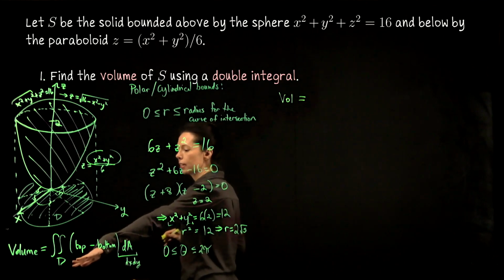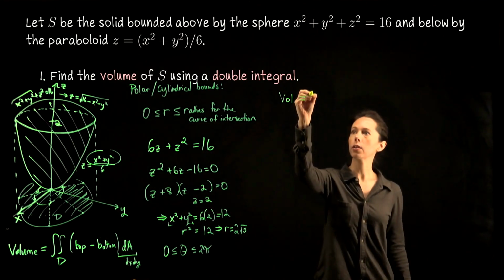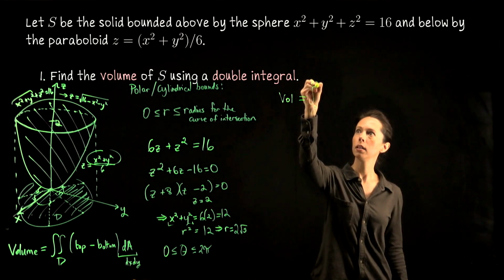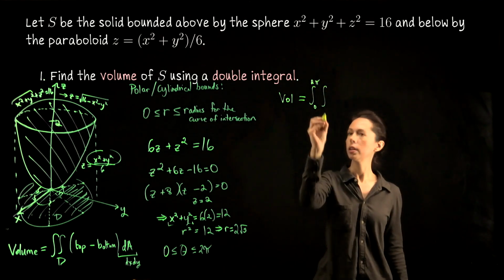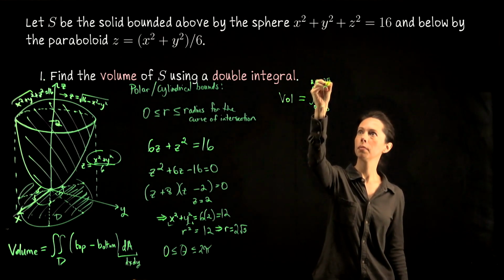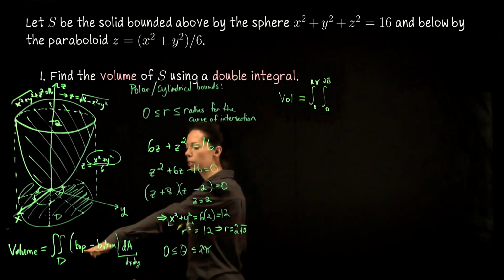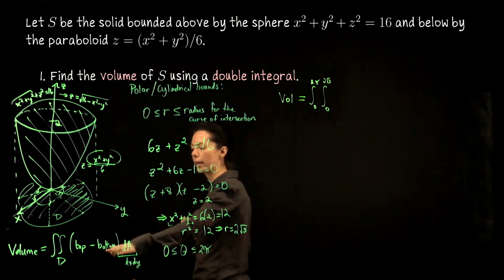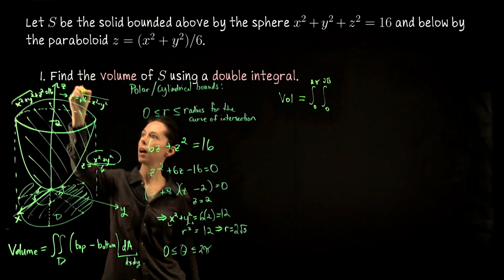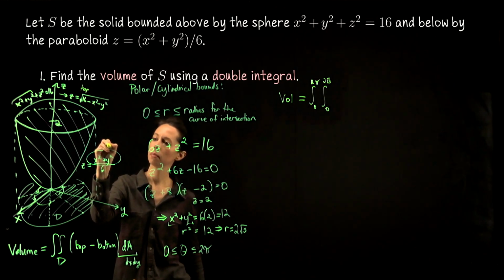So we can say the volume, integrating over this disk in polar coordinates, is going to be an integral from 0 to 2 pi, from 0 to 2 square root of 3, and then the top surface minus the bottom surface, or the top function minus the bottom function. So again, here's the top, here's the bottom.